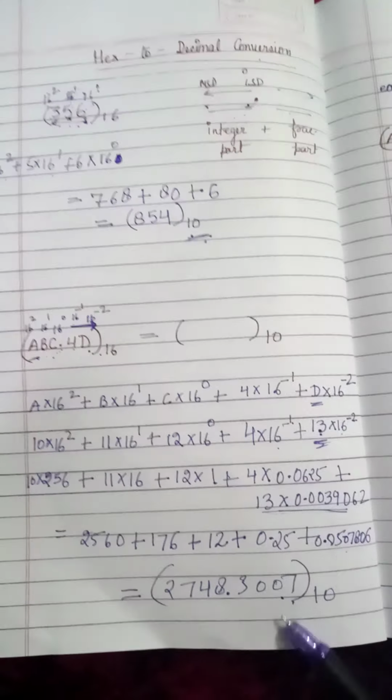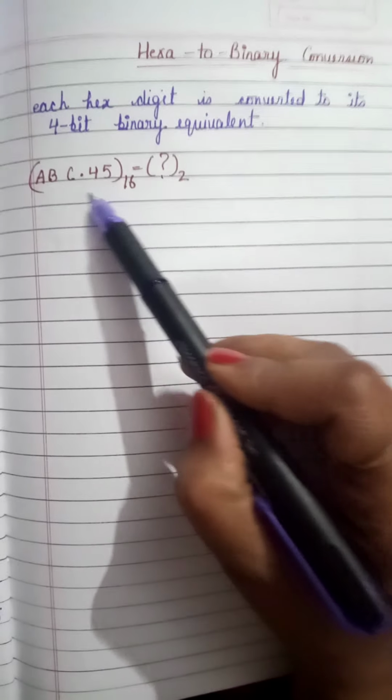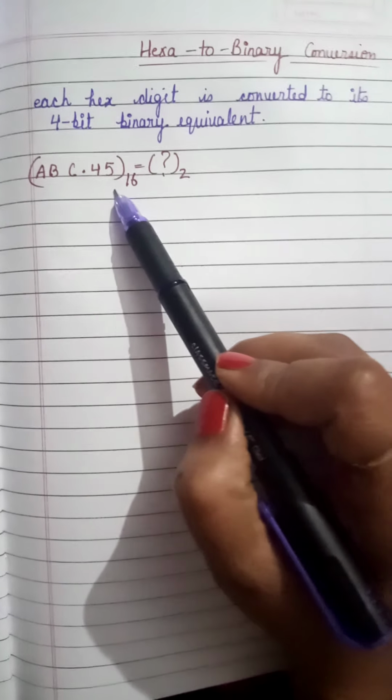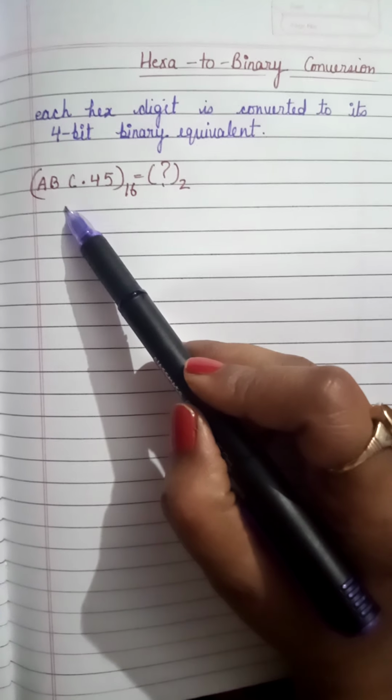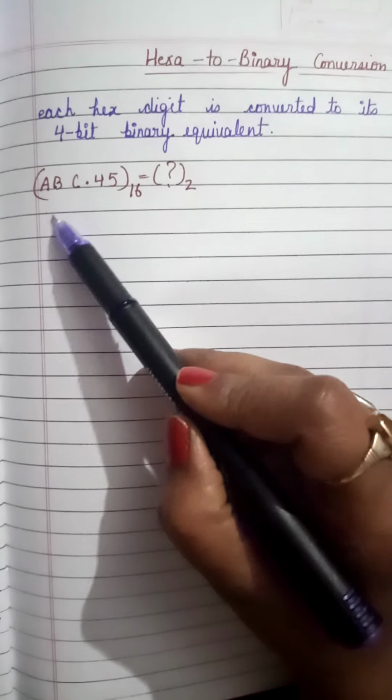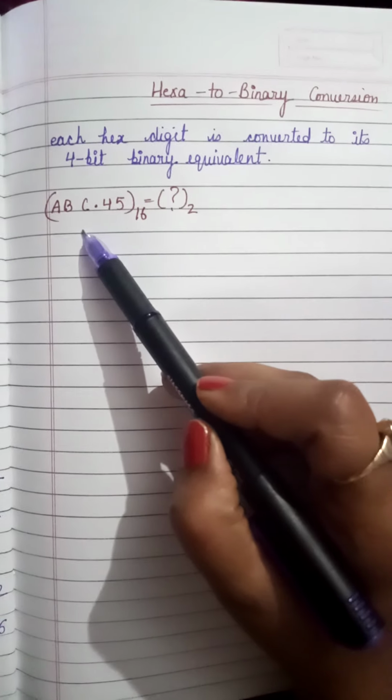This is a very simple conversion. In this, each hexa digit of the hexadecimal number is converted to its binary equivalent. But remember, the 4-bit binary equivalent.